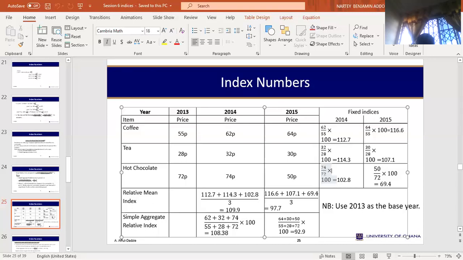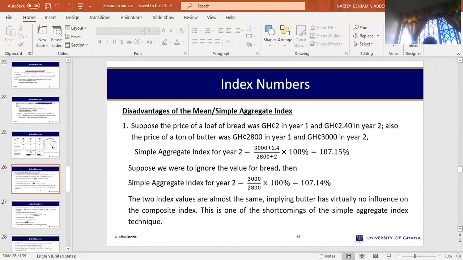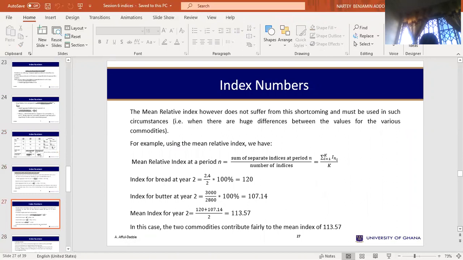So let's move on. I think I have already mentioned the disadvantages of this method. And this is just about having one unit be very huge relative to a very small one. The mean relative index, however, does not suffer from this shortcoming.